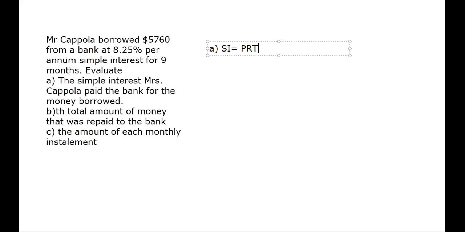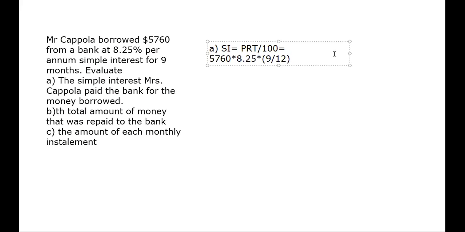PRT over 100, which is equal to 5760 multiplied by 8.25 multiplied by 9 months. So remember, simple interest is worked out per year. So seeing that it's months, we put 9 over 12 to show what part of the year we're dealing with.